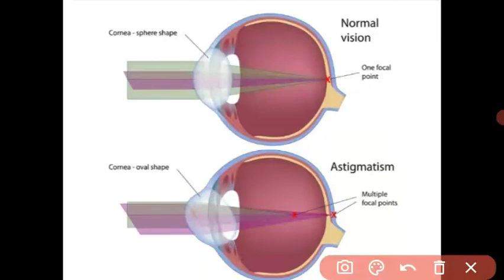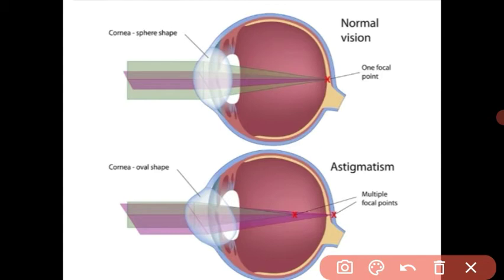So what happens? The object is seen in many focus points, meaning the object can look blurred. If there is some object, some part of the object we can see, but another part of the object is blurred.